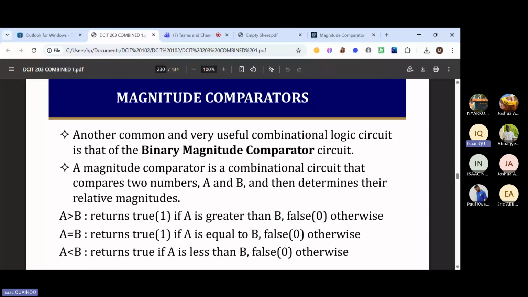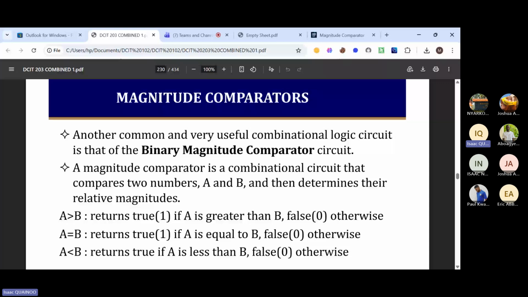Adders, subtractors, comparators, decoders, encoders, magnitude comparators, multiplexers, we classify all those as combinational circuits, basically because their outputs depend only on the inputs.